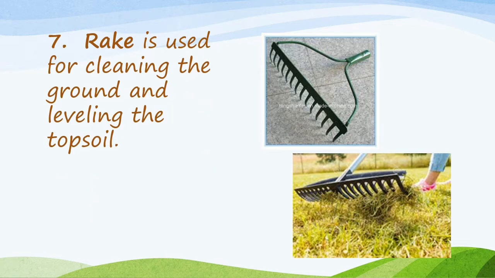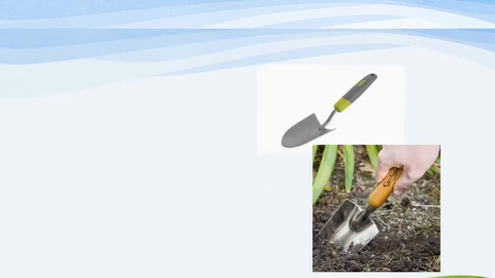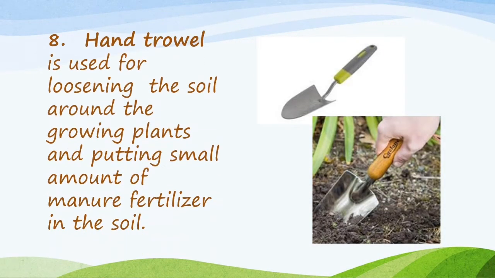Number 7, rake is used for cleaning the ground and leveling the topsoil. Number 8, hand trowel is used for loosening the soil around the growing plants and putting a small amount of manure fertilizer in the soil.